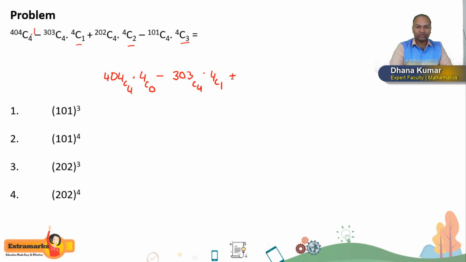Next term, plus 202C4 into 4C2. Next, minus 101C4 into 4C3.